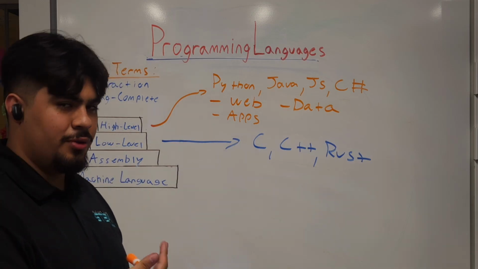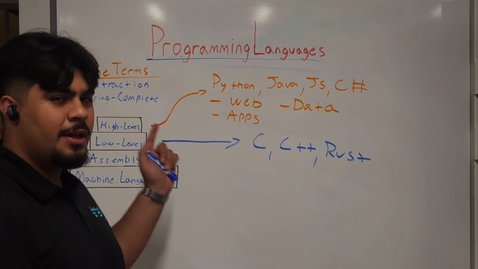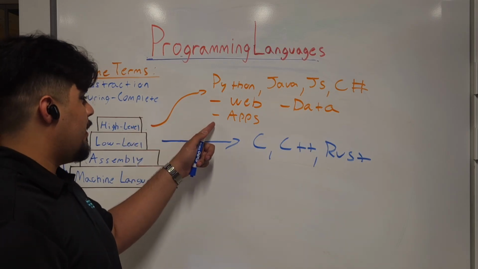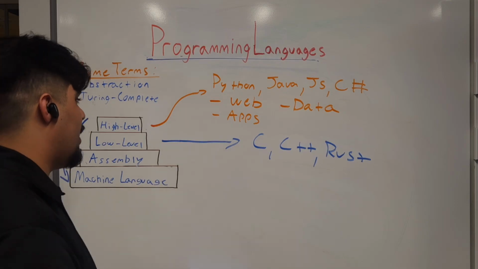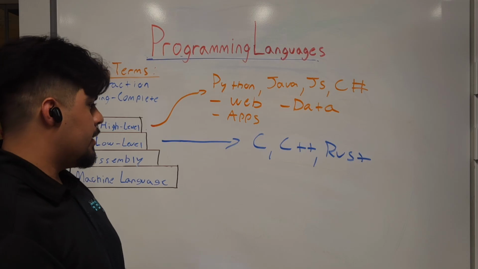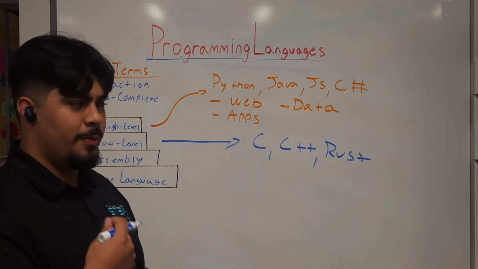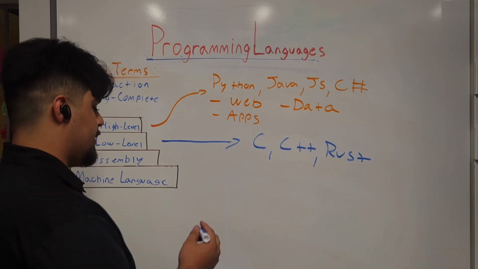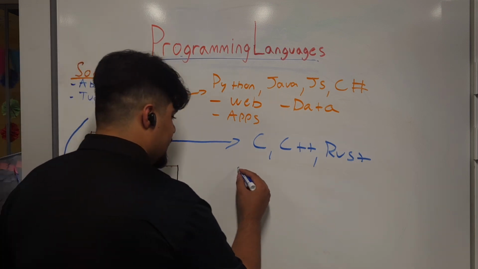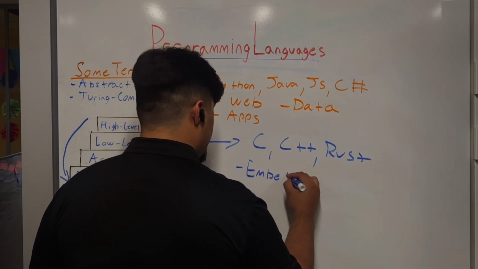So things you can visualize, sort of, what kind of programming languages these make, and what kind of programs they make. For these, on the other hand, these are languages where performance is the main factor in the program. So for these languages, you might see something like embedded systems.